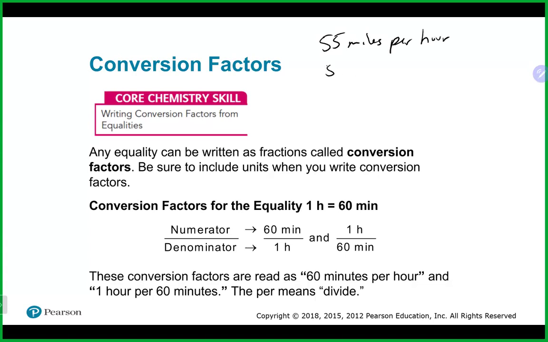That basically means that you could go 55 miles in 1 hour, or in 1 hour, you could go 55 miles. These are the 2 conversion factors that you could get. And if you were to use that in a calculation, you would have to look at the 55 and count it as 2 sig figs and take that into account.